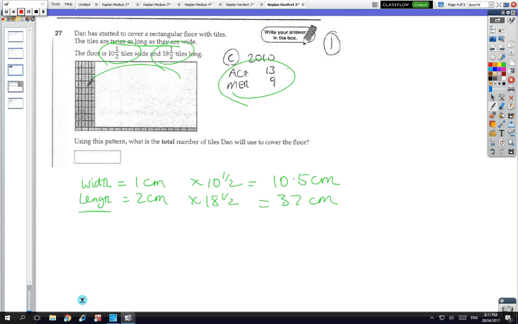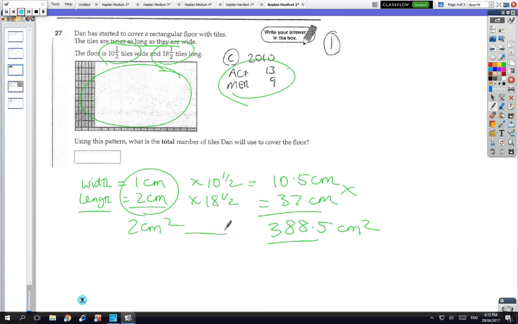Okay, so now I've got an area of 10.5 multiplied by 37, and so I've got an area of 388.5 centimetres squared. Each of the tiles is 2 centimetres squared, so I'm going to divide 388.5 by 2, and that gives me 194.25.